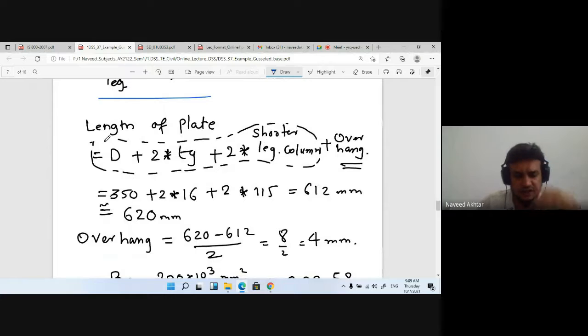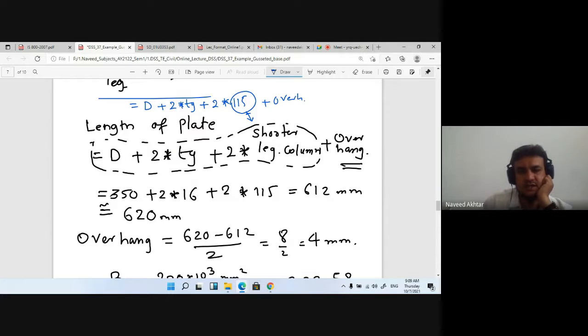Now we can find, in step number 5, the length of plate. The length of plate is nothing but the depth of the column D, plus 2 times the thickness of your gusset plate, because you are providing a gusset plate on both sides, at both flanges, plus 2 times the shorter leg of the angle which we are providing, plus the overhang.